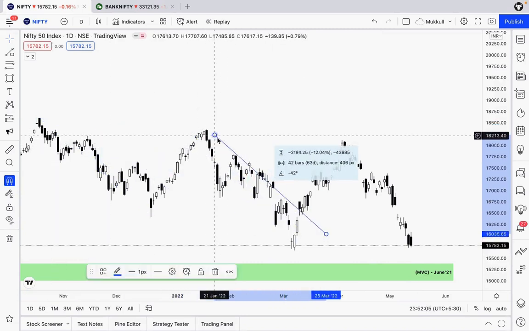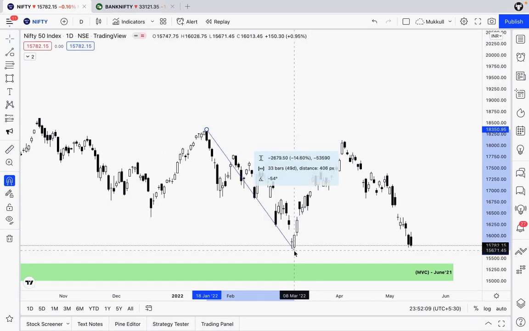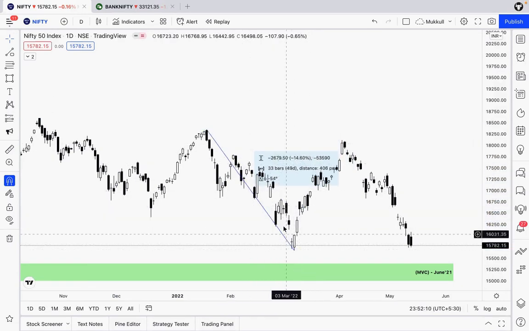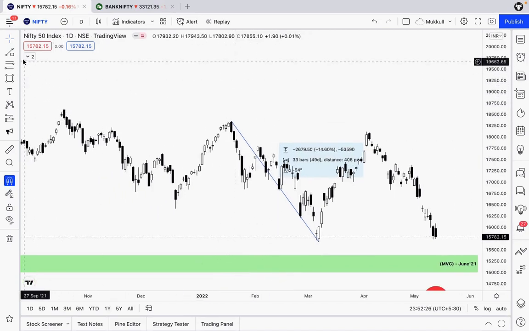Then we had one more pullback, which did not sustain and corrected more, about 14.6%, and that took around the same period, within 3 months of trading sessions.